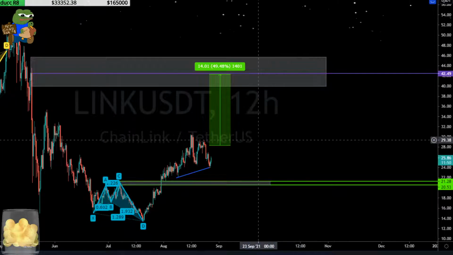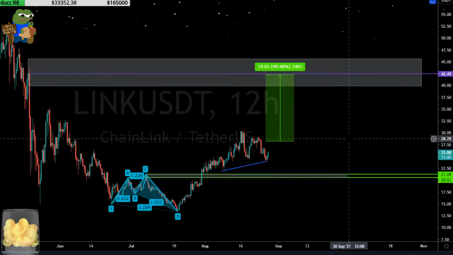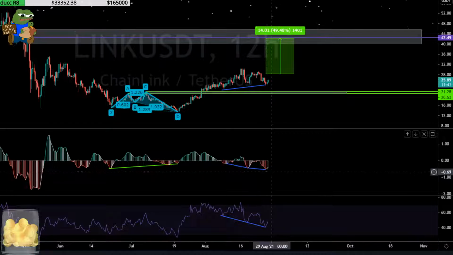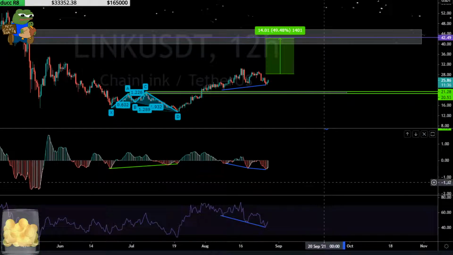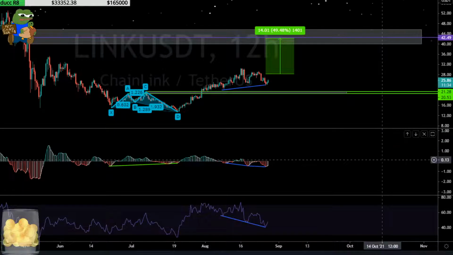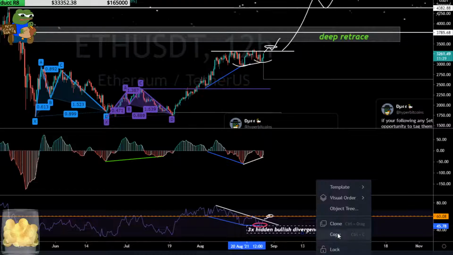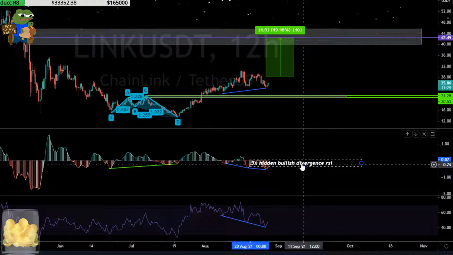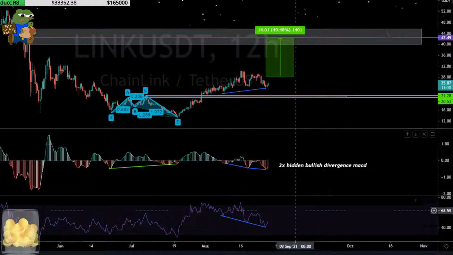Link. Moving along. Link. Everything pretty much at this point is going to repeat itself. So Link here gave you actually 3x bullish divergence. Link is giving us 3x bullish divergence on both the RSI and the MACD.